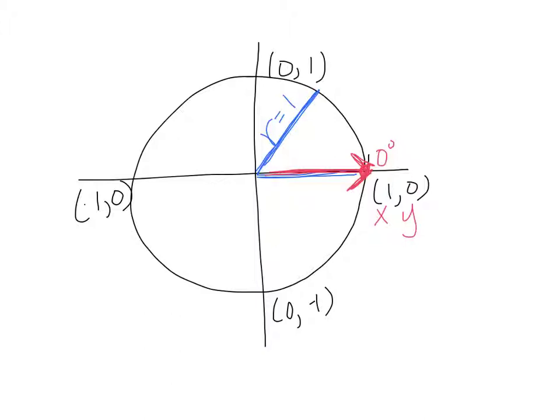Okay, simple explanations here. Let's talk about a 90-degree angle. 90 degrees would be up here. That would mean my terminal side looks like this. What are the coordinates for a 90-degree angle? 0, 1. You should be filling these in on your notes.